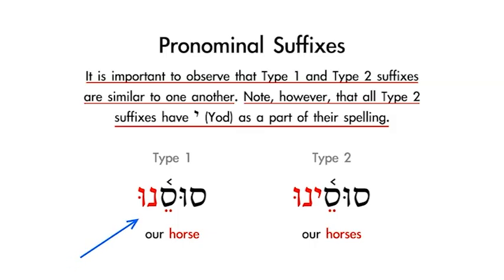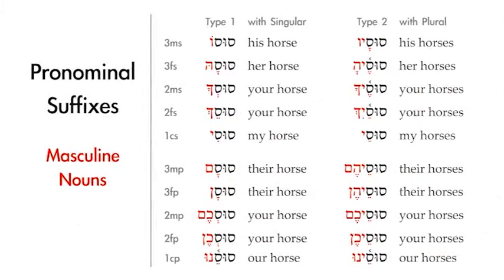In the type 2 example on the right, we still have the noun sus, horse, but we have the type 2 pronominal suffix, our horses. The only difference in spelling between the type 1 and the type 2 pronominal suffix is the presence of this yod between the noun and the pronominal suffix. Now, type 2 pronominal suffixes are attached to plural nouns, and so we know to render sus as our horses, not singularly as our horse.